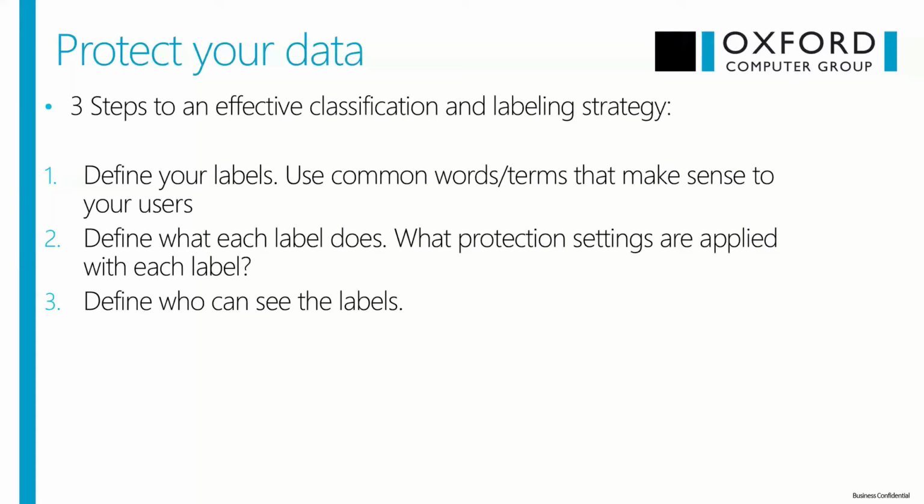And then you want to define who can see the labels. Certain groups may need to see highly confidential labels, whereas the rest of the organization does not. They may stop at just confidential. So you're able to ensure that only the people that need higher level access can apply labels to data assets that require them.